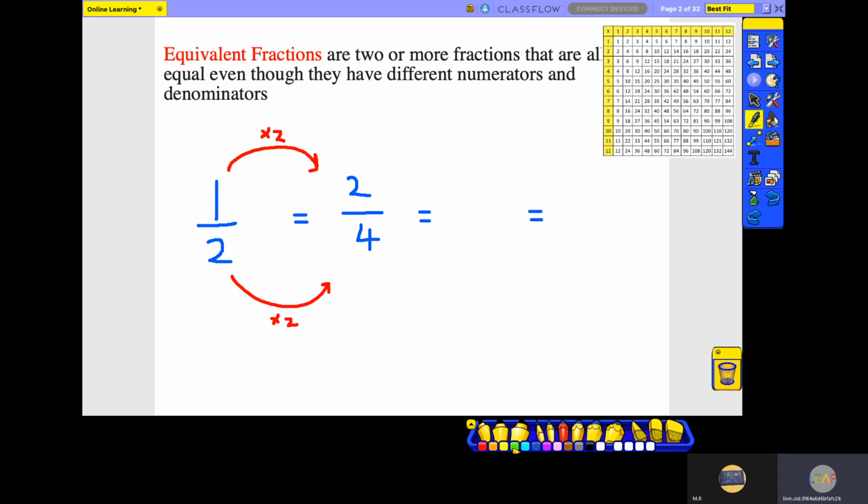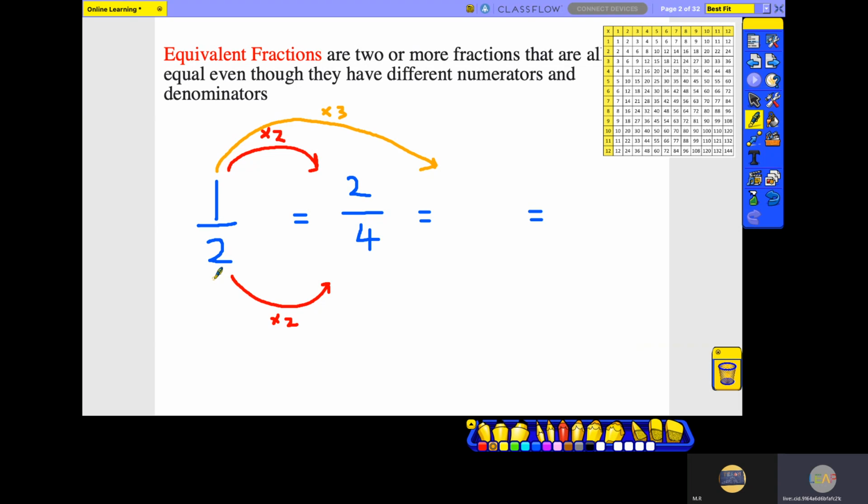So now when we carry on, the next step is we need to find the next equivalent fraction in order. Now, a slight error here: if you're going in order from a half, often someone might times 3 from the previous answer, but you go back to the original fraction and multiply that, and whatever you do at the top, you do at the bottom.